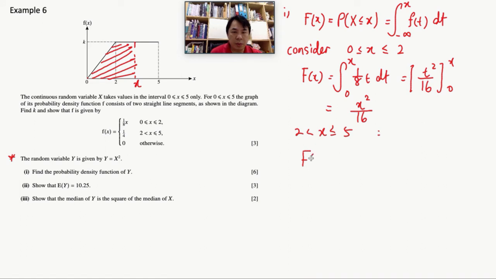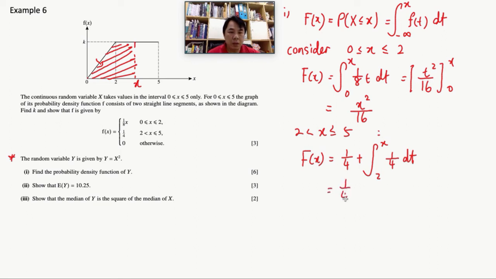That must be equal to the first area here. That is 1/4, added to the area up to x here. Add the area starting from 2 up to x, but the function is 1/4 now, dt.